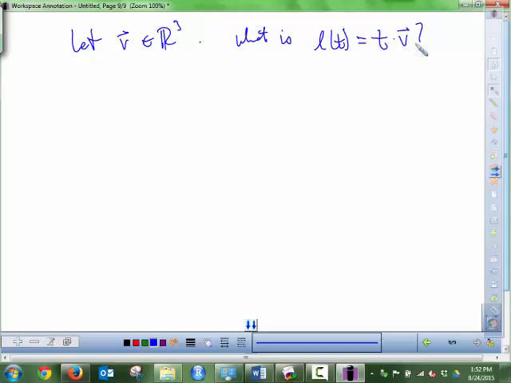What's it going to look like? It's going to look like a line? A plane? A line? What? I'll say a line.